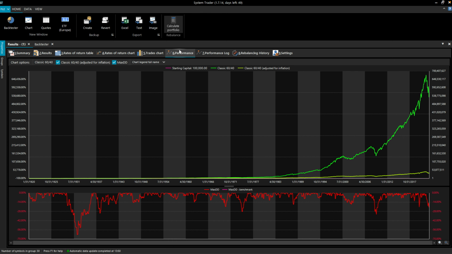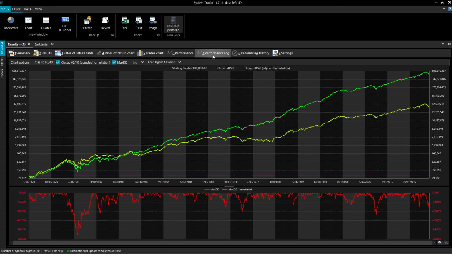Okay. The performance, this is the equity line, but in the linear mode, which is not helpful for such a long period of time, like over 100 years, because we see this golf stick effect here: you cannot see anything in the first decades and then it rapidly goes up. So it's better to read it in the log scale.